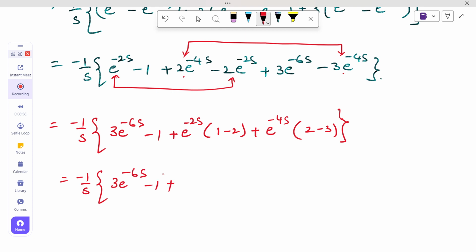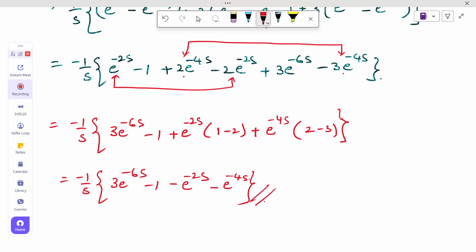Then plus e to the power of minus 2s with coefficients 1 and minus 2, and e to the power of minus 4s with coefficients 2 and minus 3. So it equals minus 1 by s of 3 e to the power of minus 6s minus 1, minus e to the power of minus 2s, minus e to the power of minus 4s, which is the required solution.